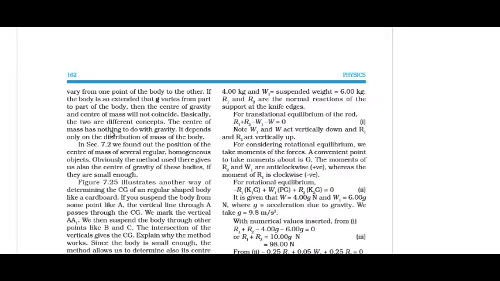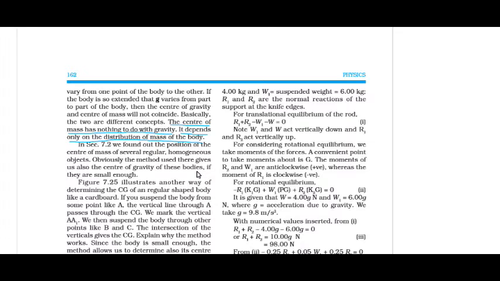Basically, the two are different concepts. The center of mass has nothing to do with center of gravity. Remember this. Center of mass depends only on the distribution of mass of the body.